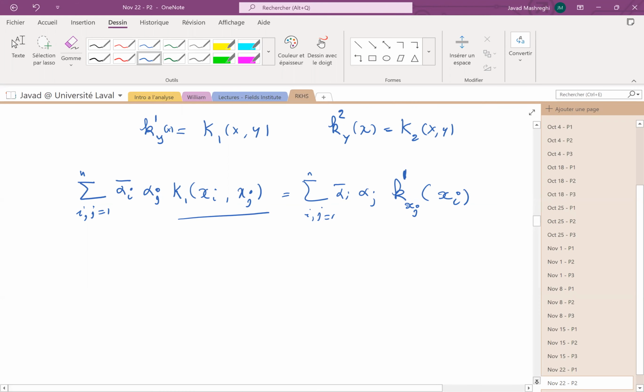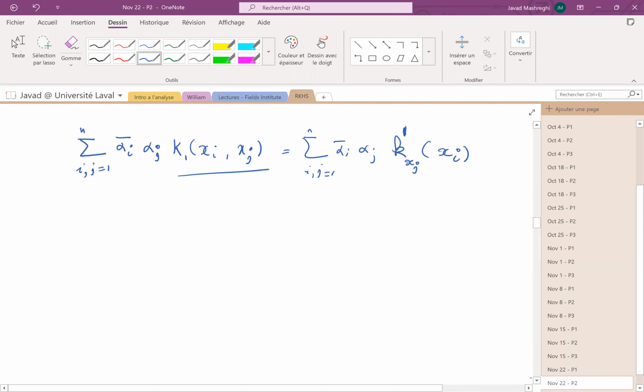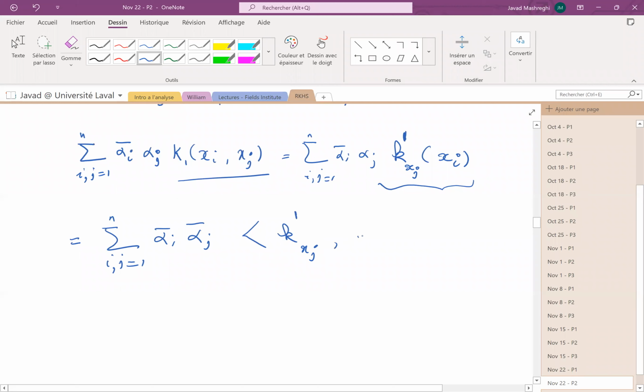And usually we write this as k_xj evaluated at the point xi, so it is k_xj in the first space, H_k1.